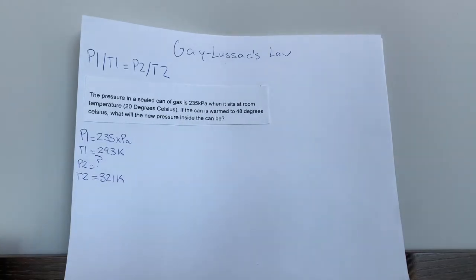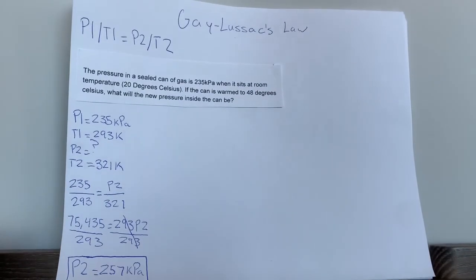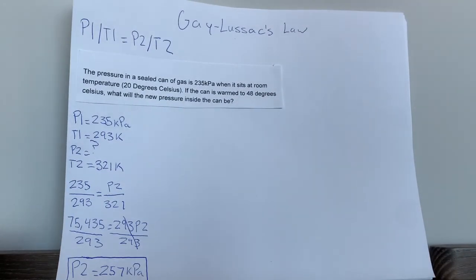Now that the problem has given us all the numbers we need, we can plug them into the equation. So first we have P1, which is 235 kilopascals, T1, which is 293 Kelvin, P2, we're not sure yet, and T2 equals 321 Kelvin. First, we have 235 divided by 293 is equal to P2 over 321.